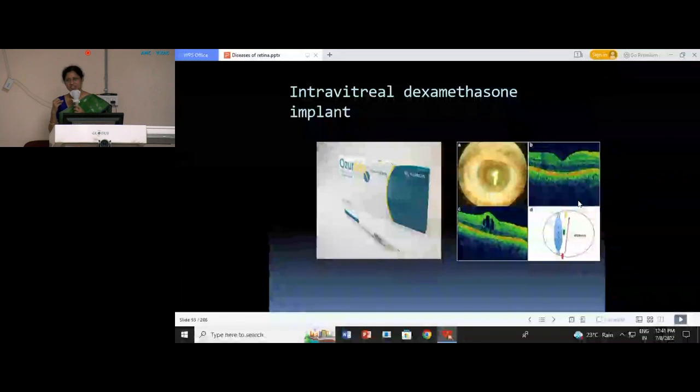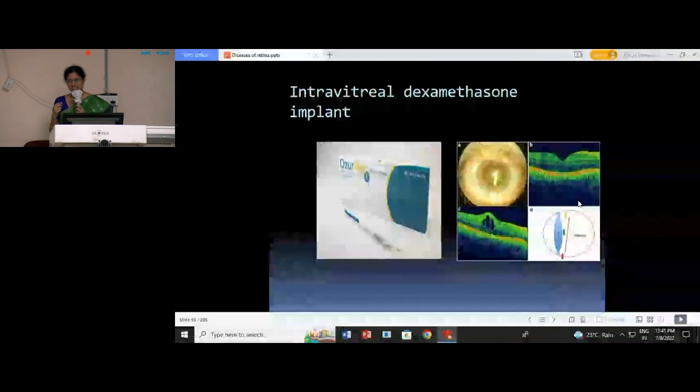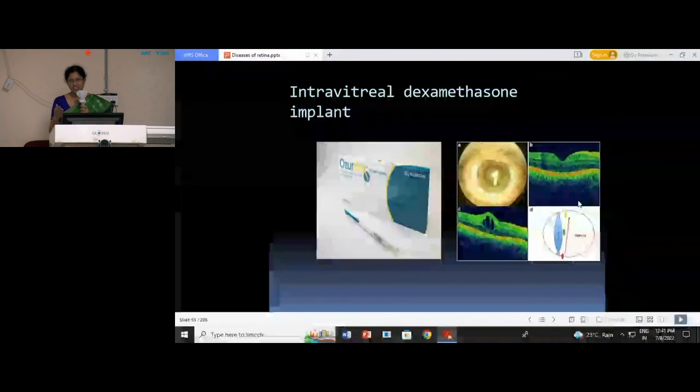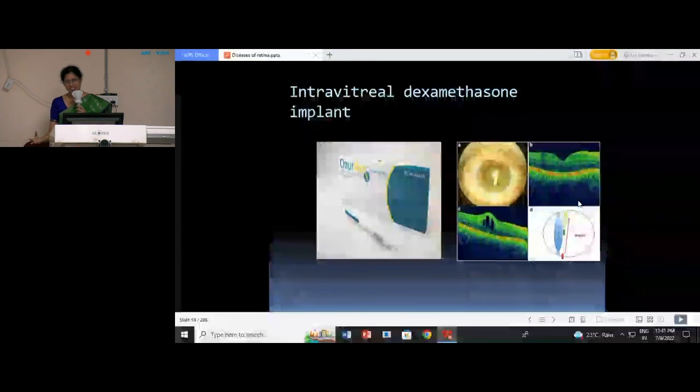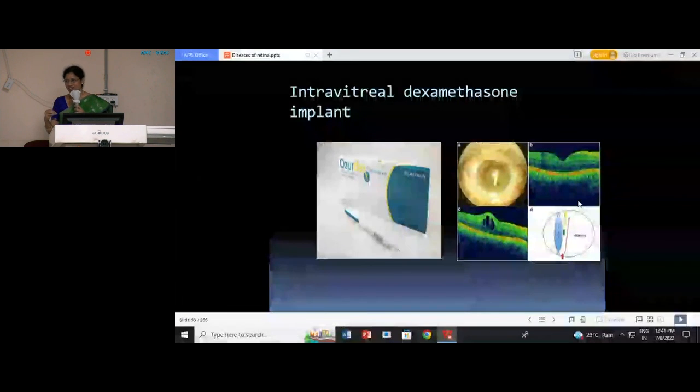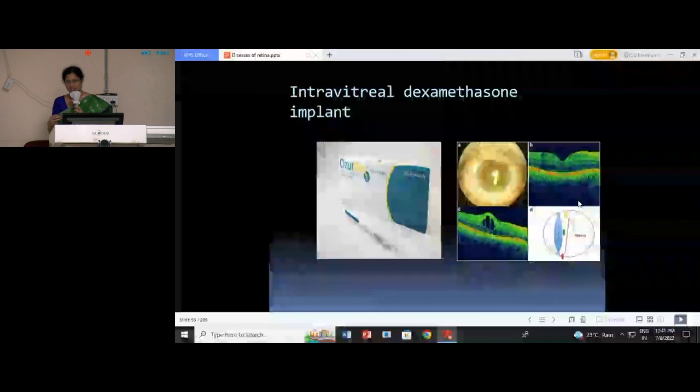At the end, the take-home message is that all diabetics should have a dilated fundus examination. If they are type 1 diabetics, 5 years after diagnosis and then yearly. If type 2 diabetics, immediately after diagnosis, they should have a dilated fundus examination and then annually.